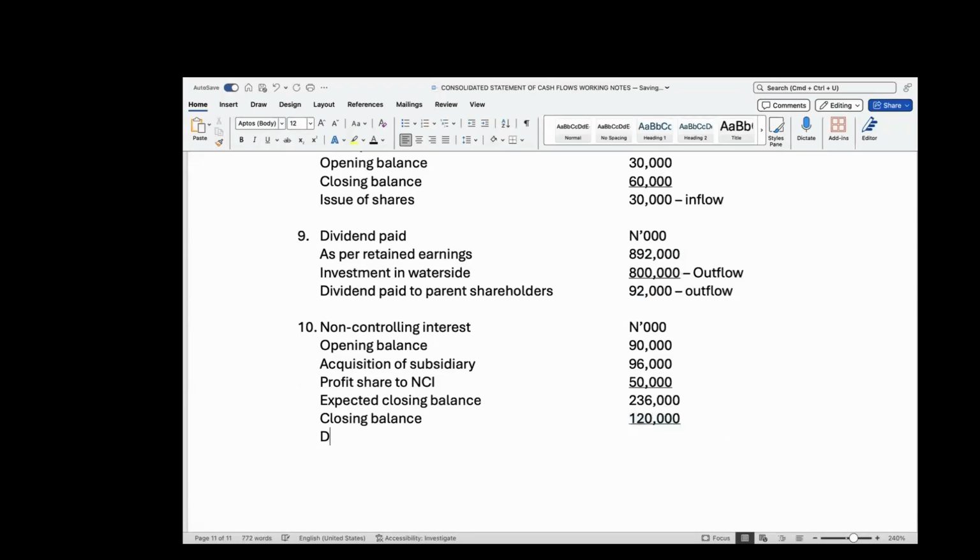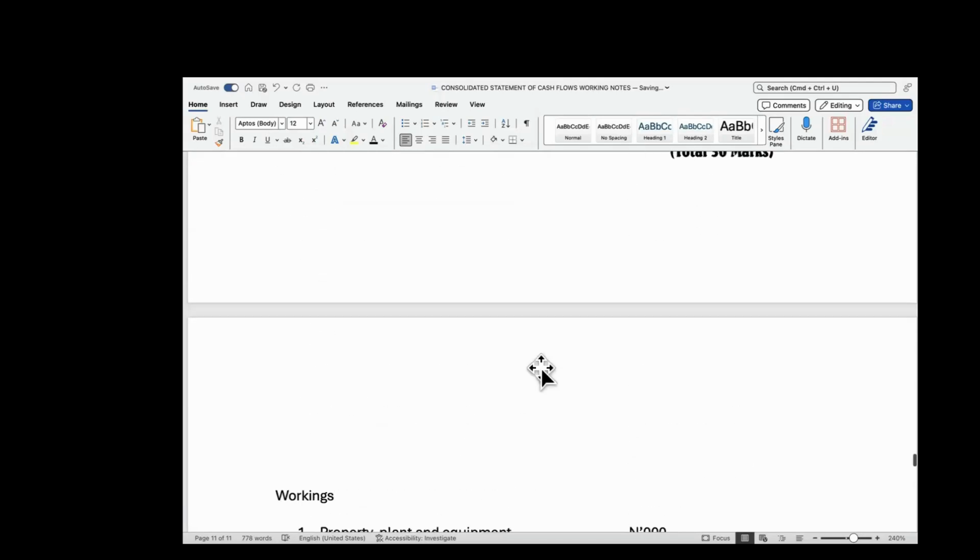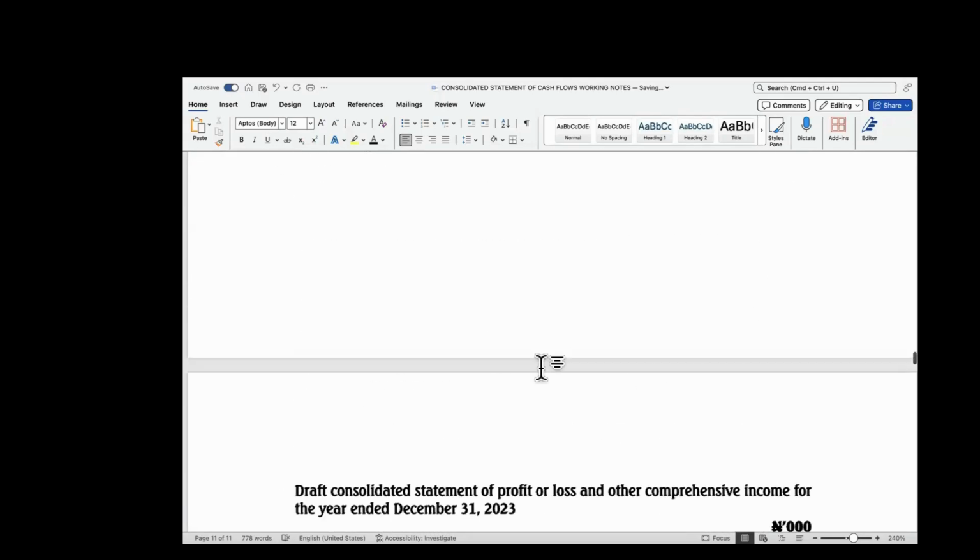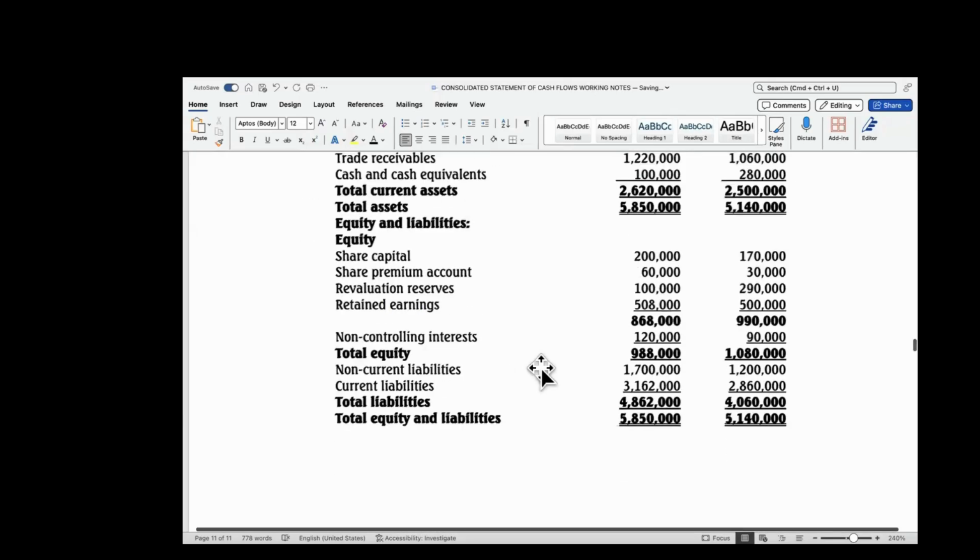So the difference is dividend paid to NCI, which is 116. To be an outflow in financing. Then what's the next item?